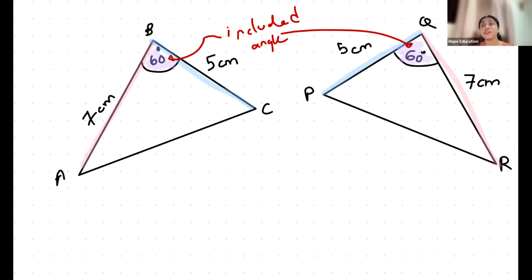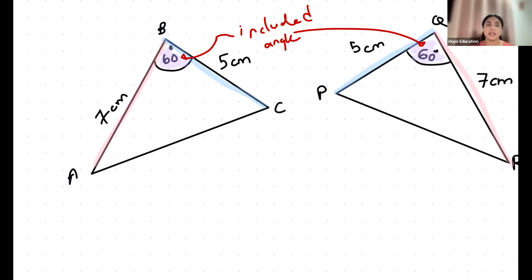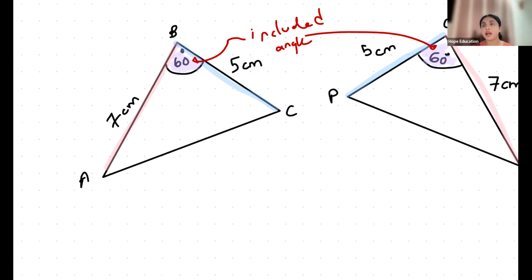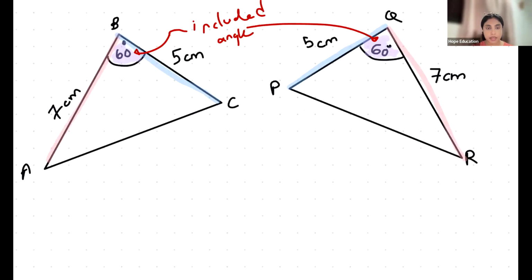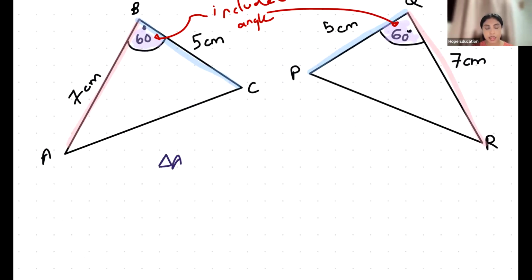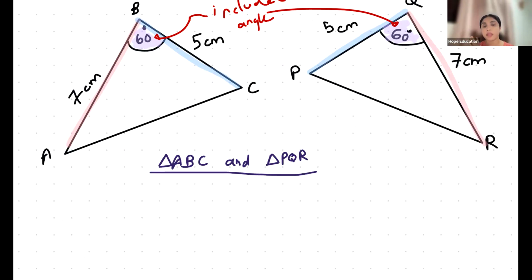First of all, I write the topic of the two triangles. This triangle is triangle ABC and this triangle is triangle PQR. Triangle ABC and triangle PQR. These are the two triangles that we are considering. And I underline. You have to learn the proper way from the beginning itself.